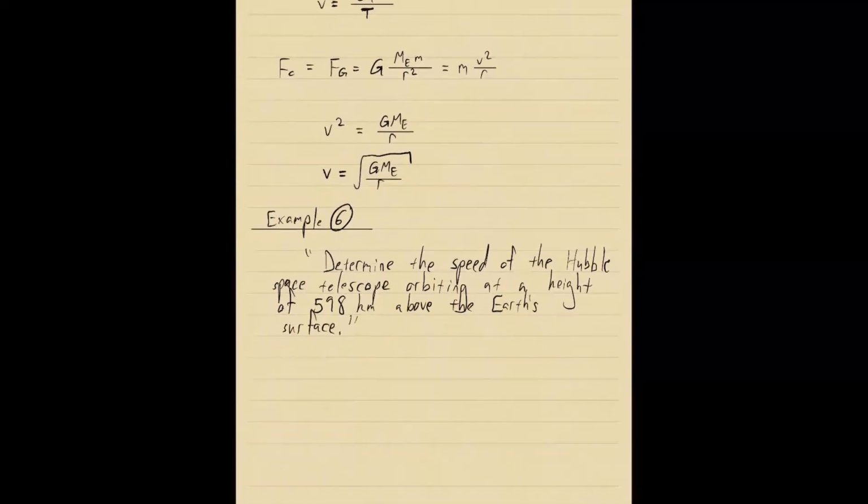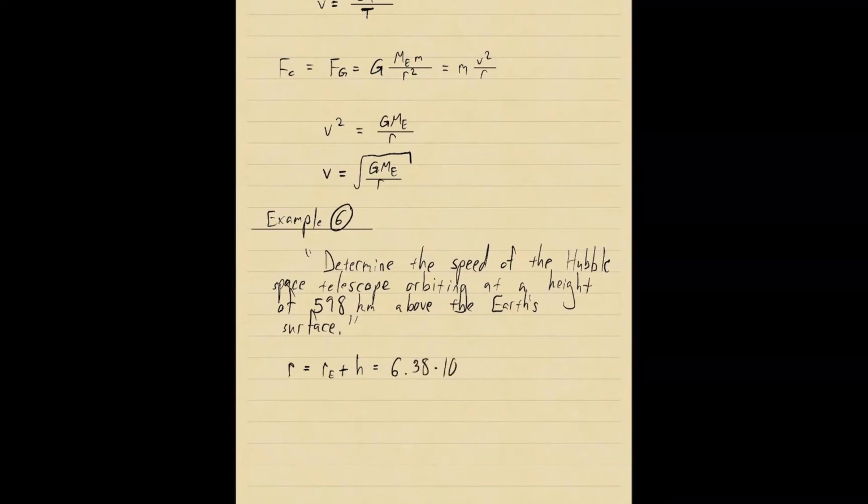Right. So the radius that we're going to input into our problem here is the distance from the center of the Earth to our orbiting object, which in this case is the Hubble Space Telescope. And so that total radius is the radius of the Earth plus this additional height above the Earth. The radius of the Earth is about 6.38 times 10 to the 6 meters.